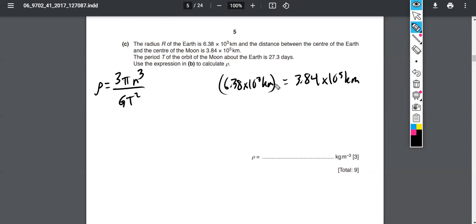So what number n do we multiply that by to get the whole distance? In other words, how many Earth radii to get out to the moon? So dividing each side by the radius of the Earth, we realize that n is about 60.